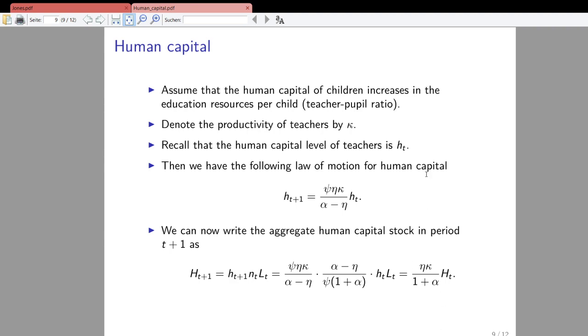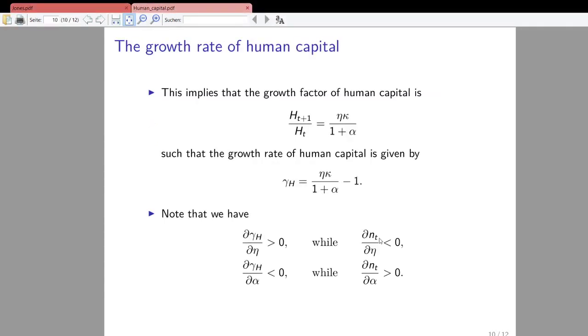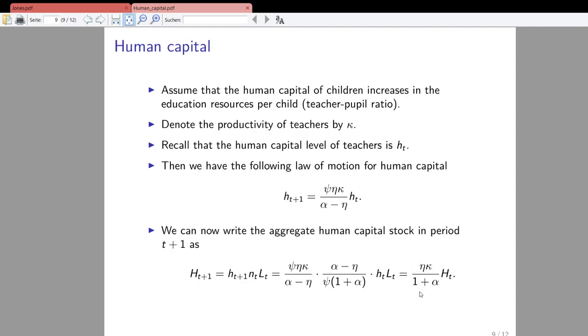And that's what we need to solve for the growth rate of per capita GDP, as we've seen previously. Now, if we solve for the growth factor of human capital, we bring H_t to the left-hand side, then we have the growth factor of aggregate human capital on the left-hand side, and we have this parameter ratio from here on the right-hand side.